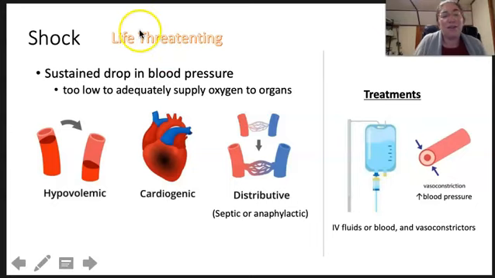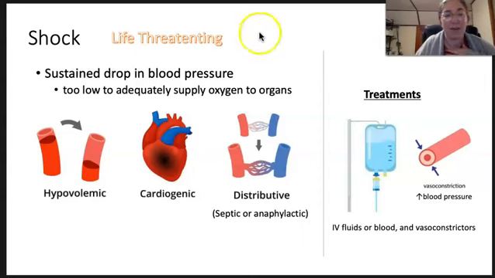This drop in blood pressure is dangerous because if your blood pressure is too low, then you're not effectively pumping blood and oxygen and nutrients to your different organs. And if they're not getting oxygenated, then they will start to fail. And so shock can lead to multi-system organ failure.